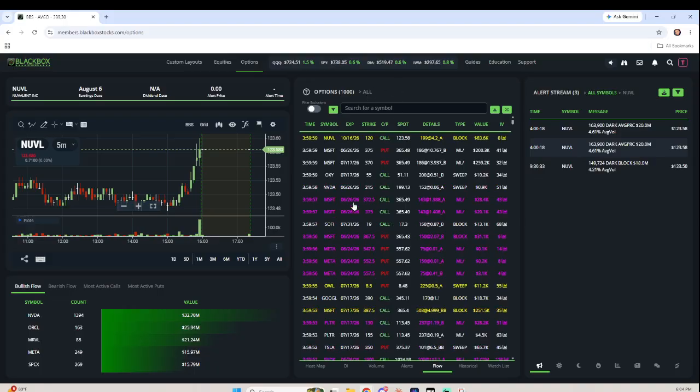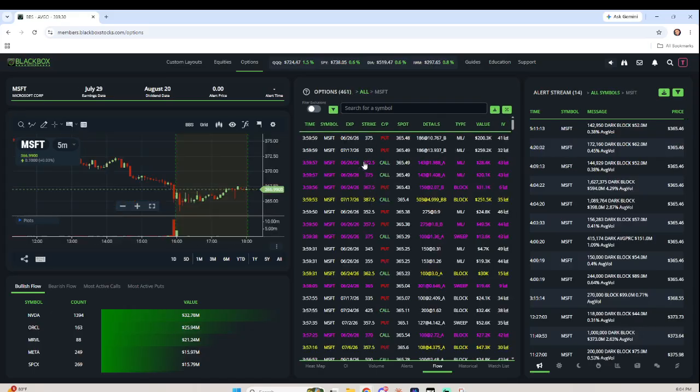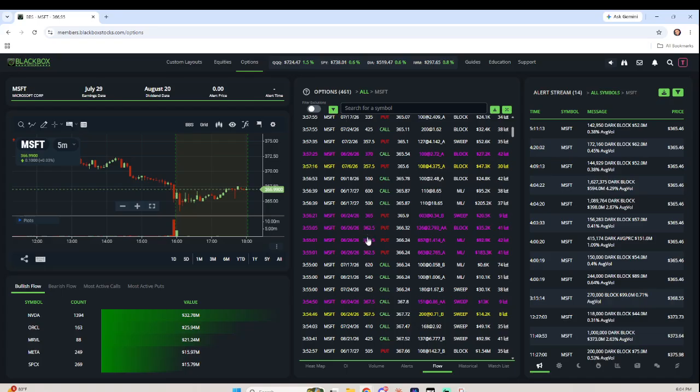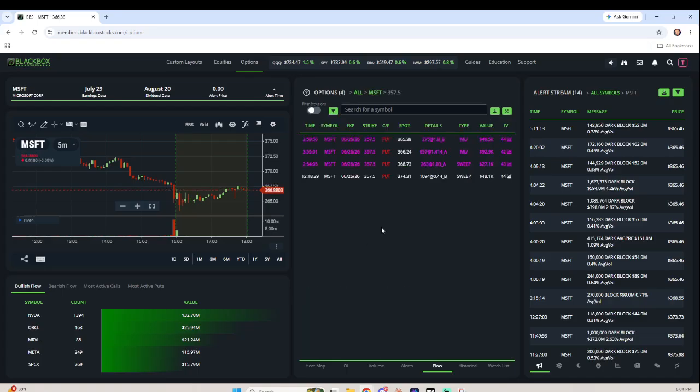The magenta means that open interest has been exceeded on the day. It will help if I can get a good example here. You can see this line item on Microsoft today: the first one came in white, but then they switched to magenta throughout the day.